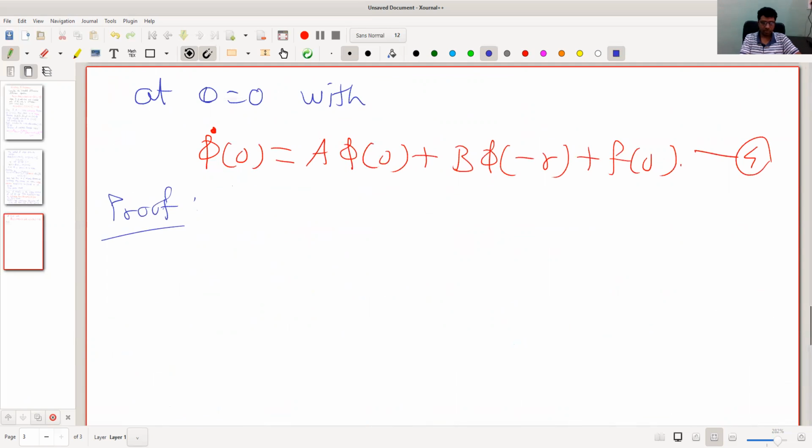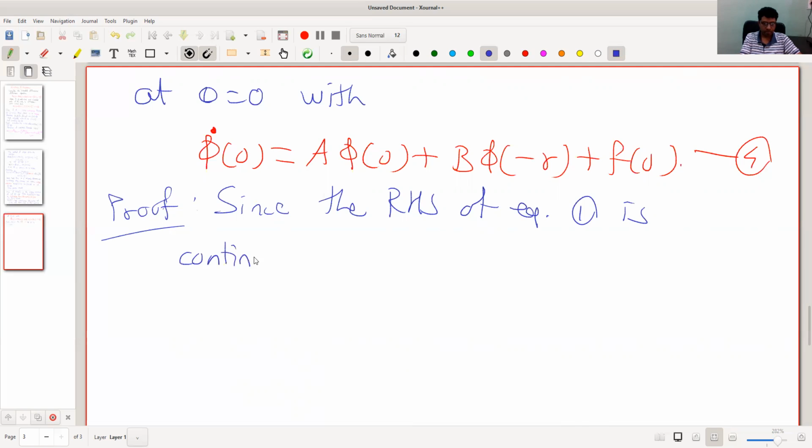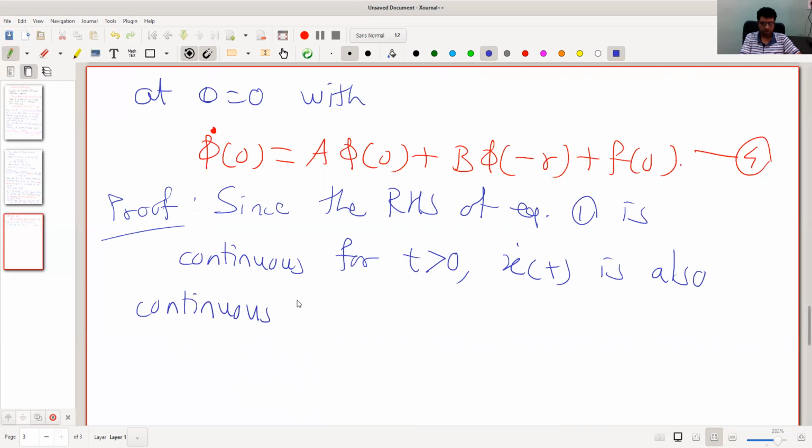Since the right hand side of equation 1 is continuous for t greater than 0, x dot of t is also continuous for t greater than 0.